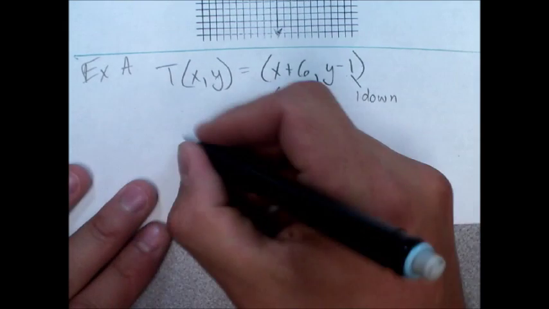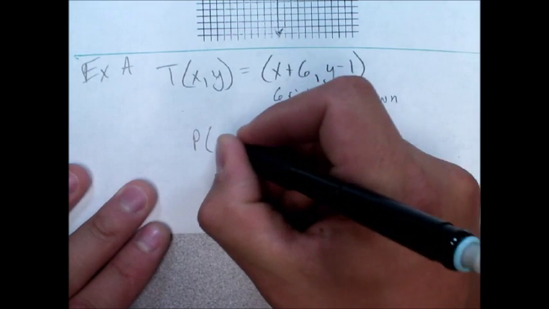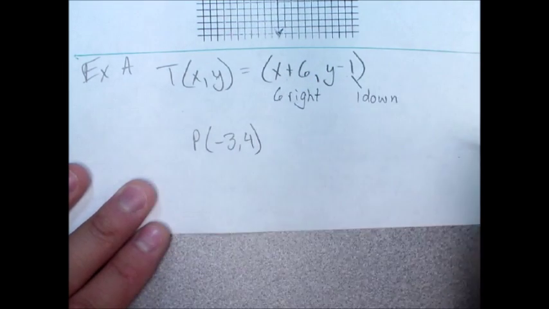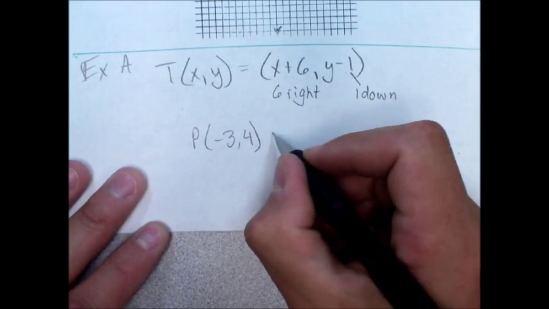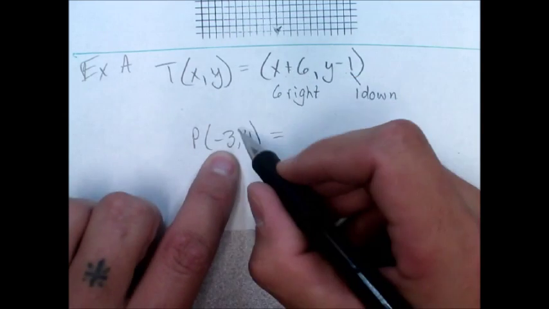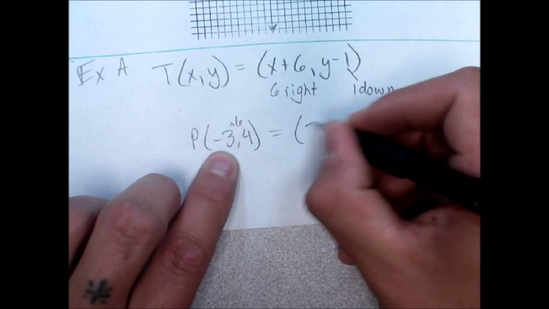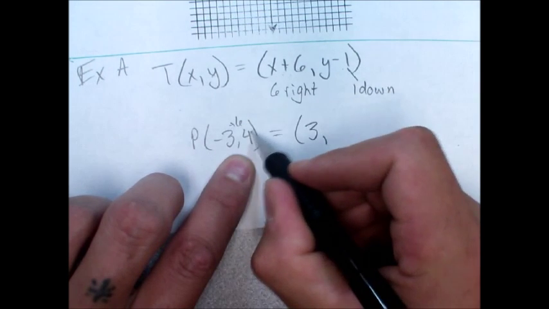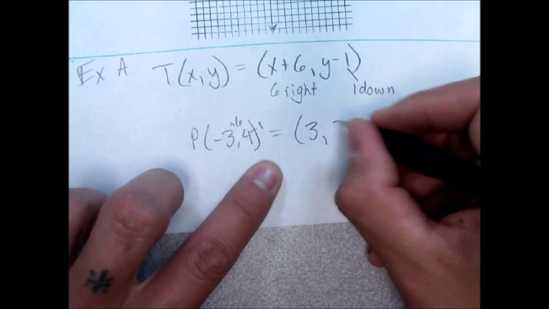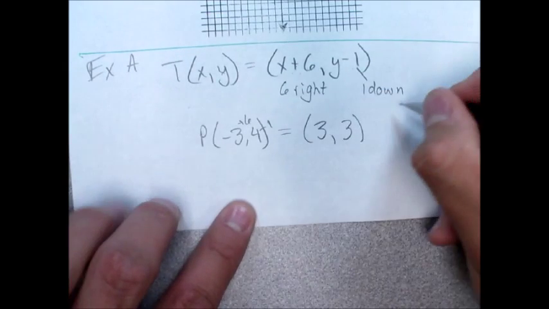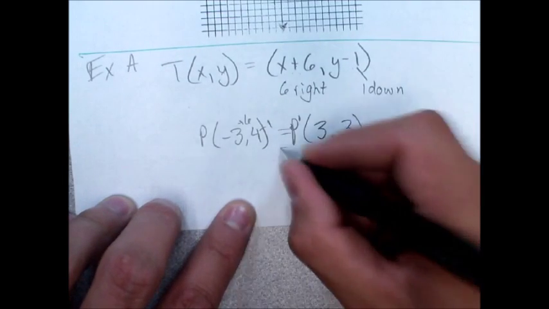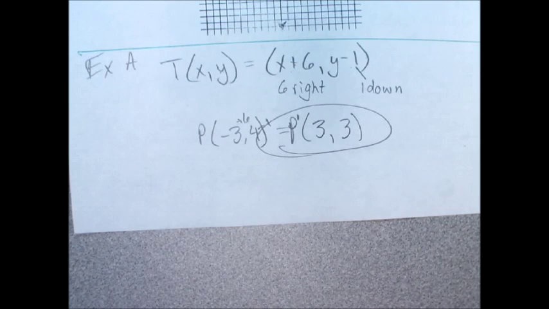So if they give you P, and they say negative 3, 4, find the translation of that. You're going to add 6 to this negative 3, so you get 3, and you're going to subtract 1 from that 4, and you get 3. So the image of this is just 3, 3. And then you do that for every point involved in that figure.